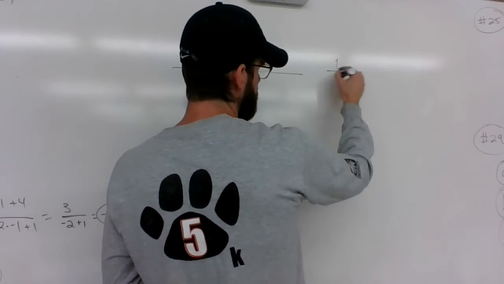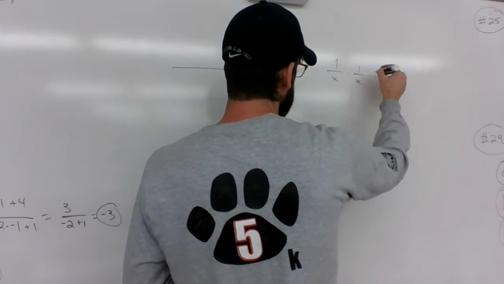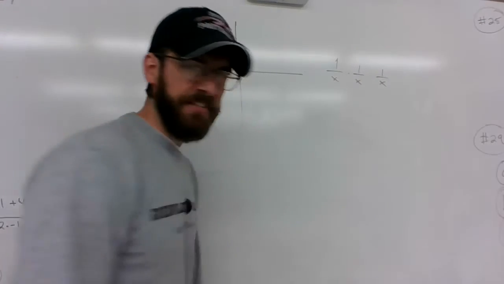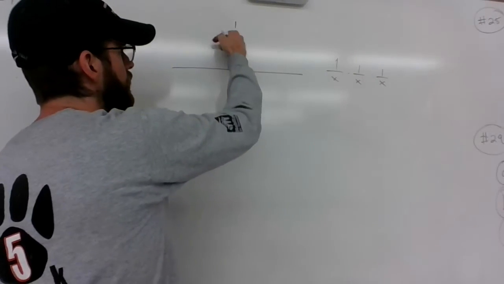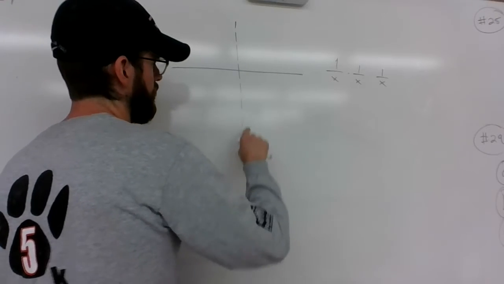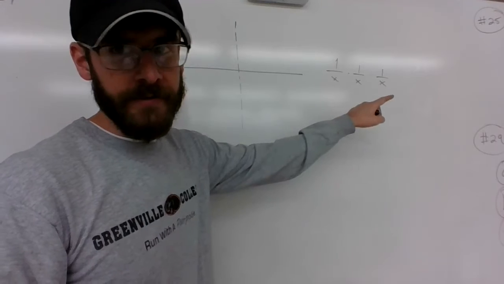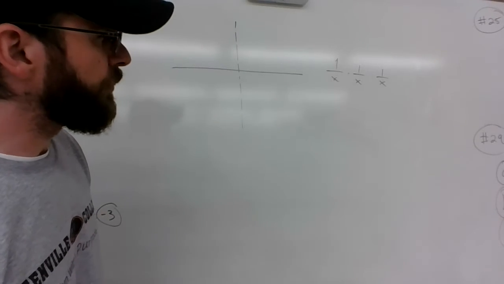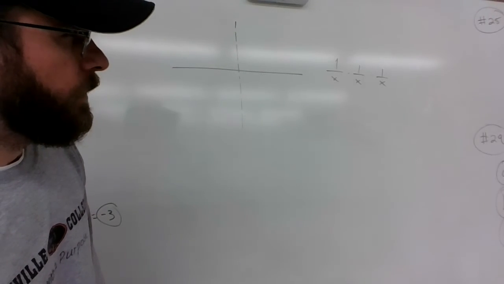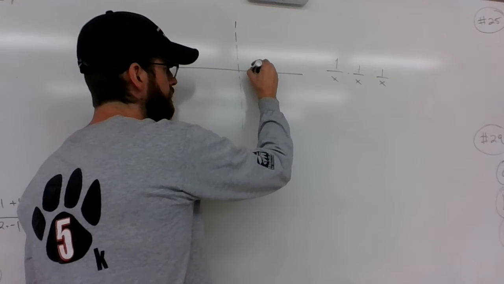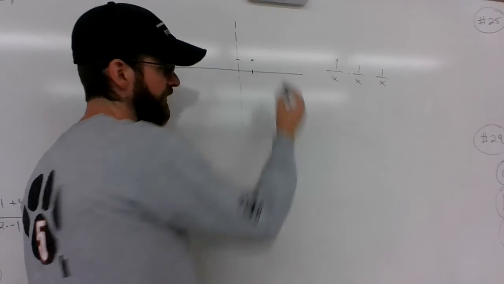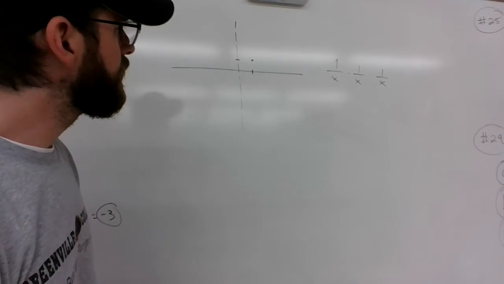So this is 1/x times 1/x times 1/x. We have to have an asymptote at 0. So just pretend like that's an asymptote. What's it look like coming from the right? Well, from the right, 1 is 1. If I plug in 1, I get 1.